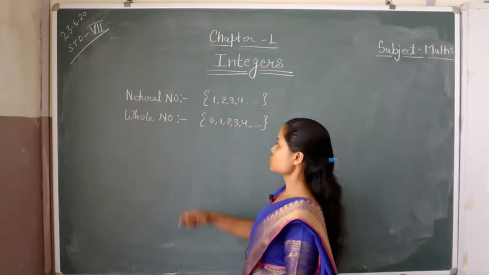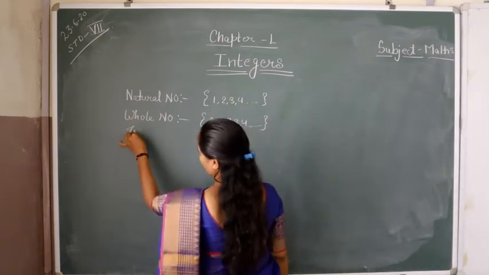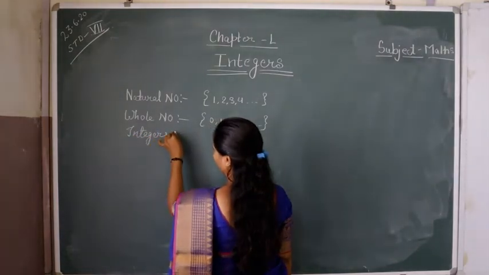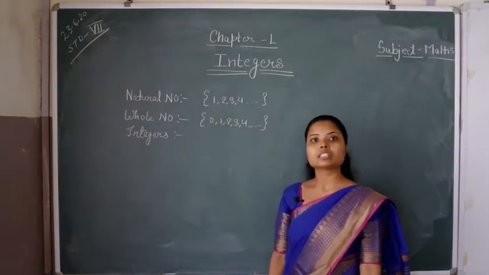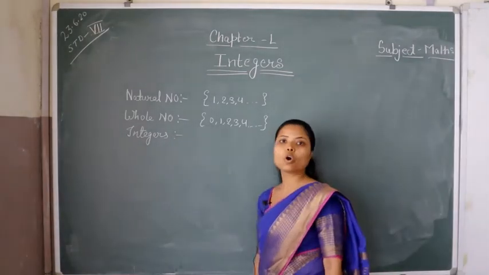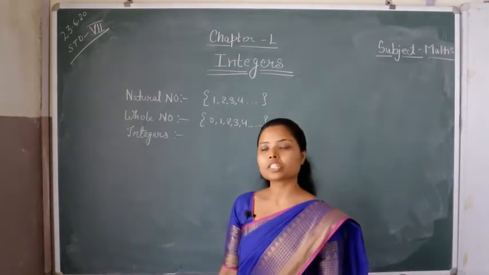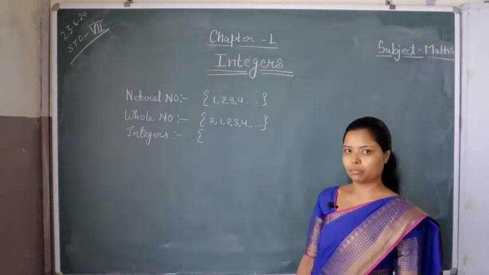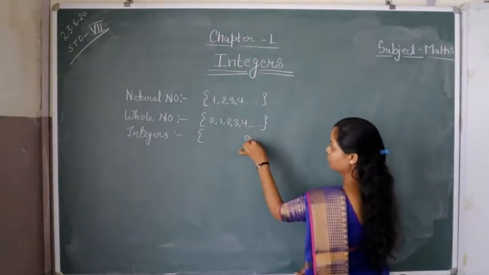Then we go to the chapter integers. Integers are a collection of numbers which contains whole numbers and negative numbers. So firstly we will write whole numbers.